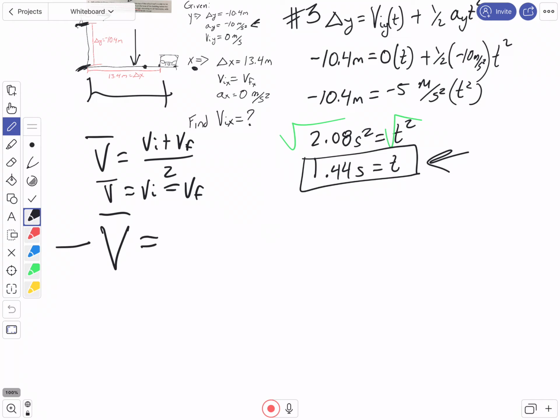So back to this formula. The other formula for average velocity is delta x, or change in position, over change in time.